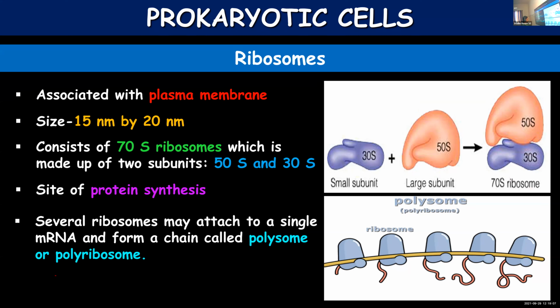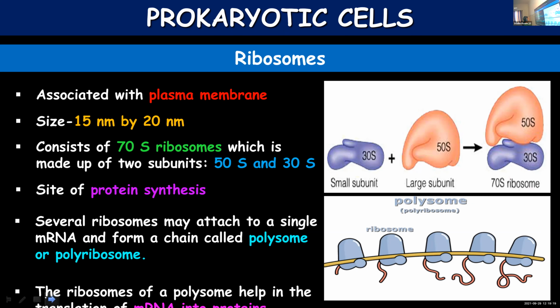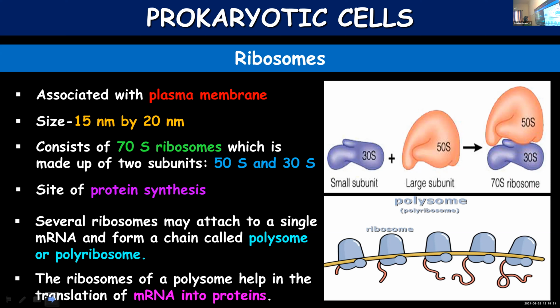Ribosomes are the site of protein synthesis, and in prokaryotic cells, you can see 70S ribosomes with 50S and 30S subunits, and the size is approximately 15 nanometer by 20 nanometer. You can see them associated with the plasma membrane. The ribosomes of a polysome help in the translation of messenger RNA into proteins.